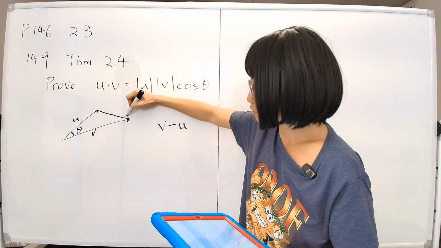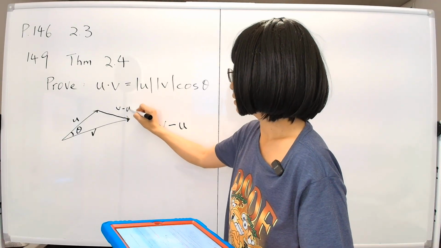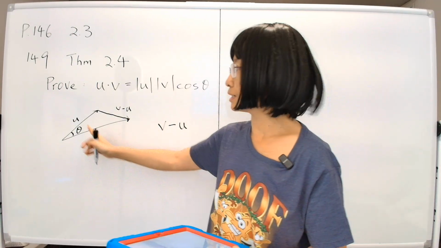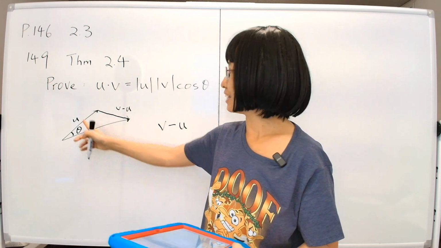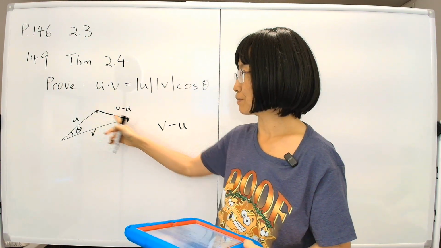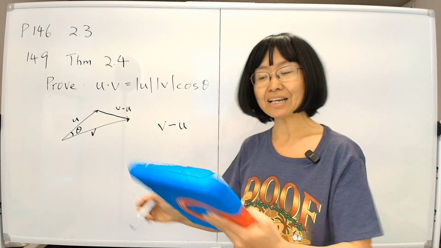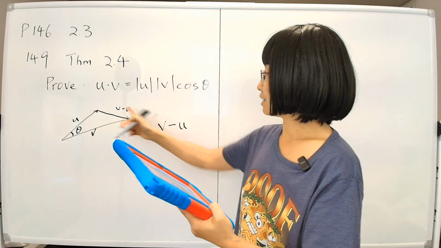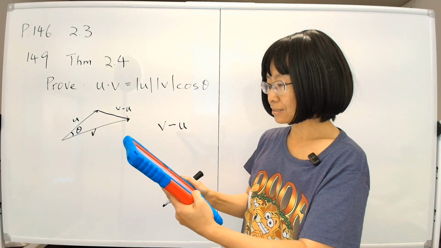By the triangle rule of the previous section, here's v minus u. Why? Because the triangle rule says that this thing plus that thing equals this, right? If you have this part being v minus u, then the u cancels out and you get v left. So v minus u is this part.